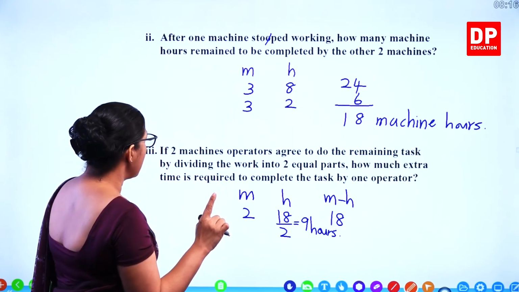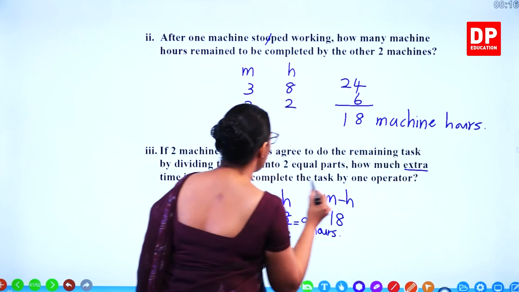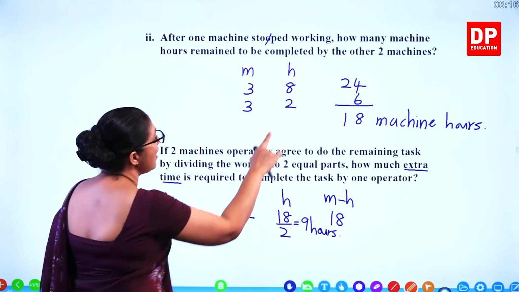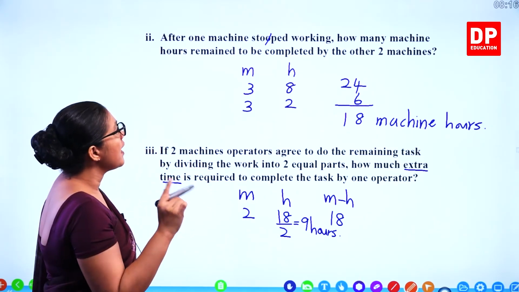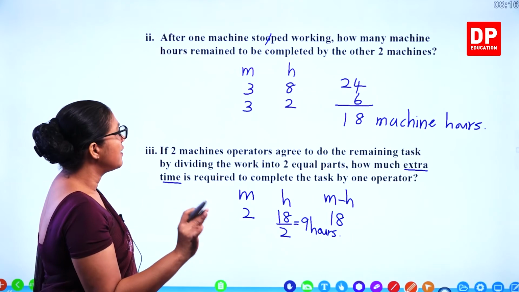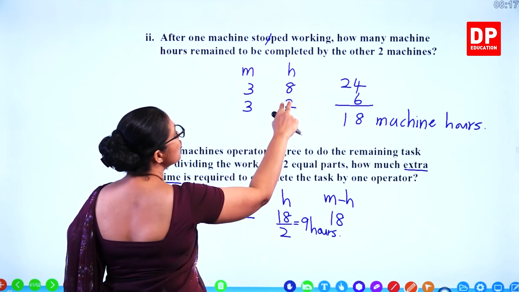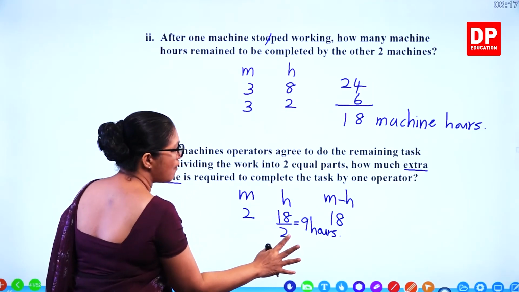Now they are asking how much extra time is required. Extra time. Now if it is with 3 machines, 8 hours altogether. Now how many hours have gone? So 2 hours here and this 9, 11 hours.